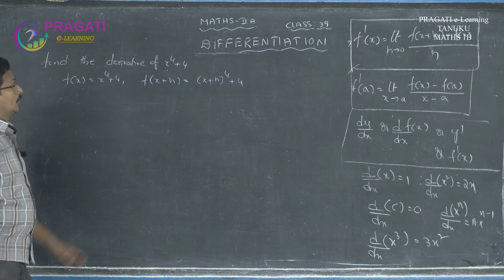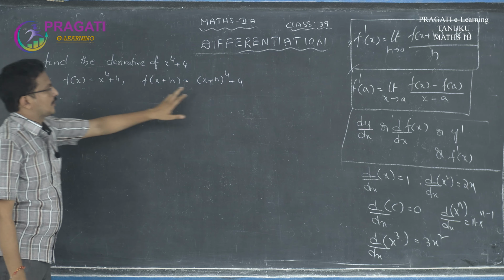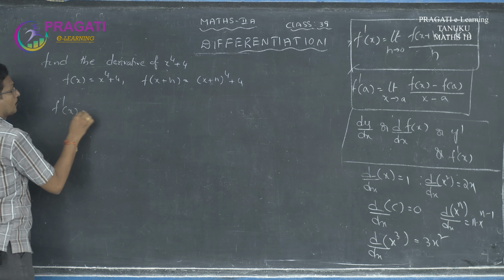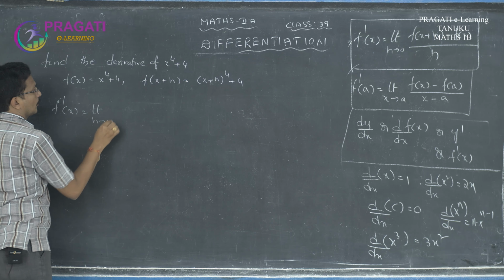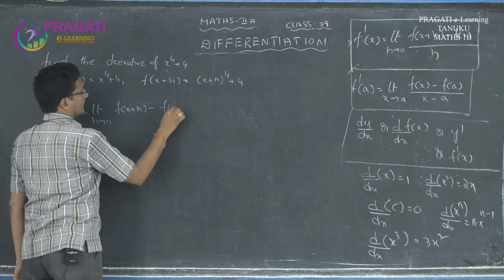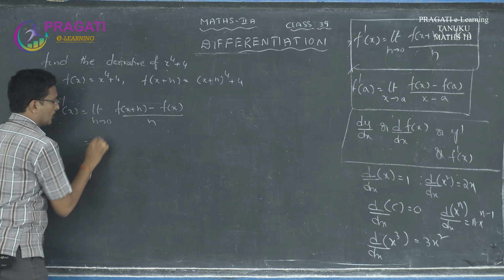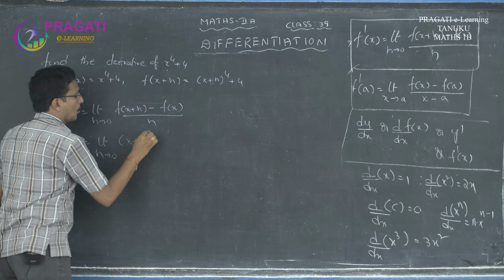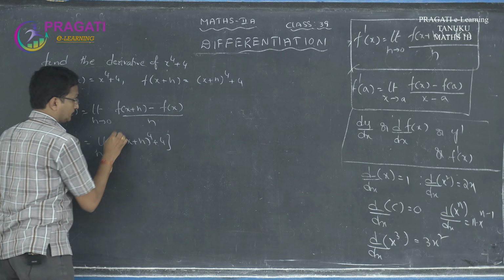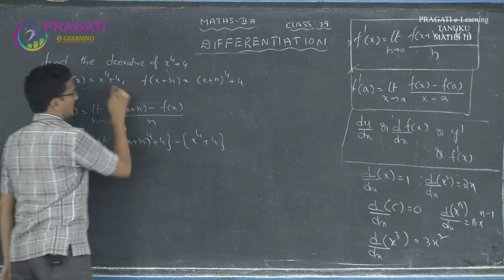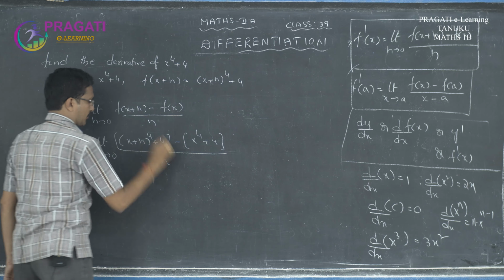So here put x as x plus h. Now the formula is f dash of x is equal to limit h tends to 0, f of x plus h minus f of x by h. To write here, f of x plus h means x plus h whole power 4 plus 4, minus f of x means x power 4 plus 4, by h.